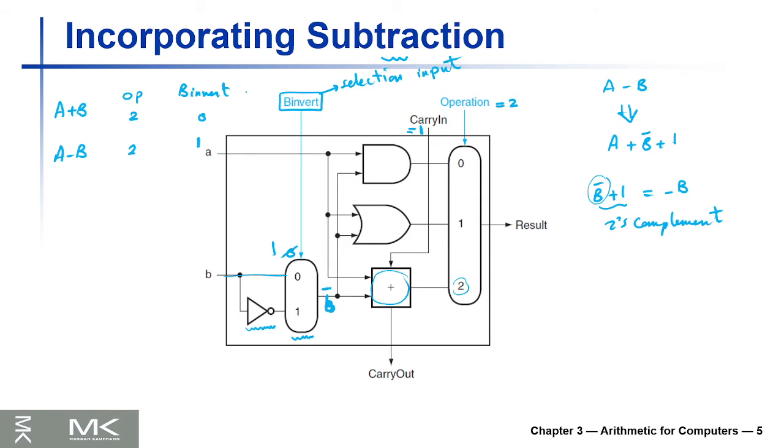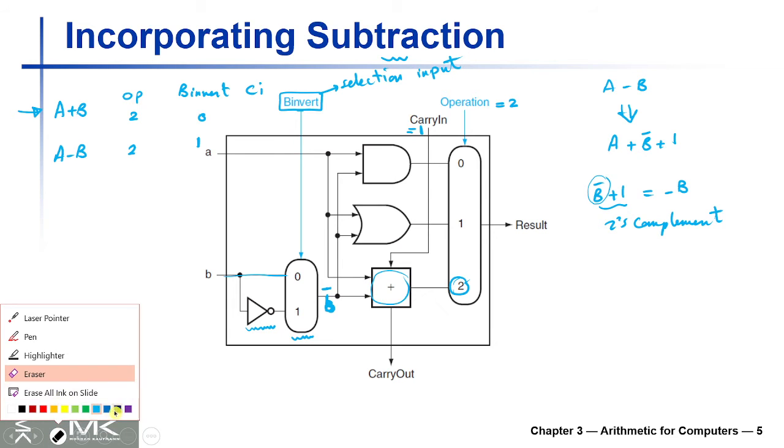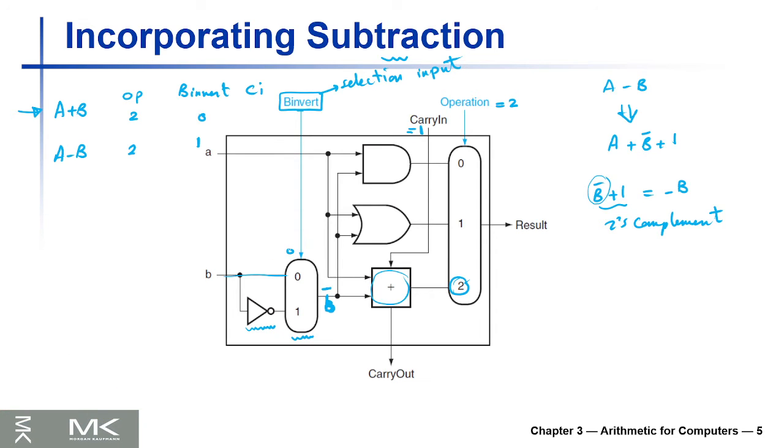So here let's write it. Let's repeat this from the beginning, that's fine. So if you are doing A plus B, the operation is 2, as we said before in the previous slide. We don't need the B invert, so we're gonna put 0. And we're gonna put the carry input equal to 0.